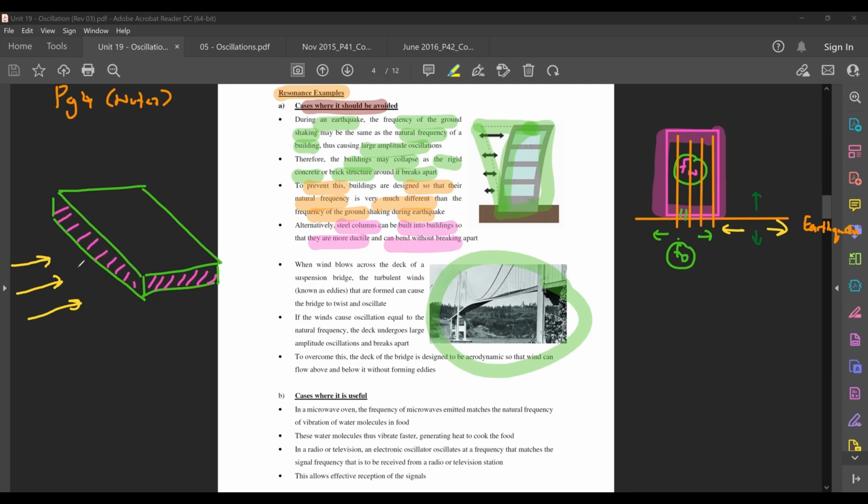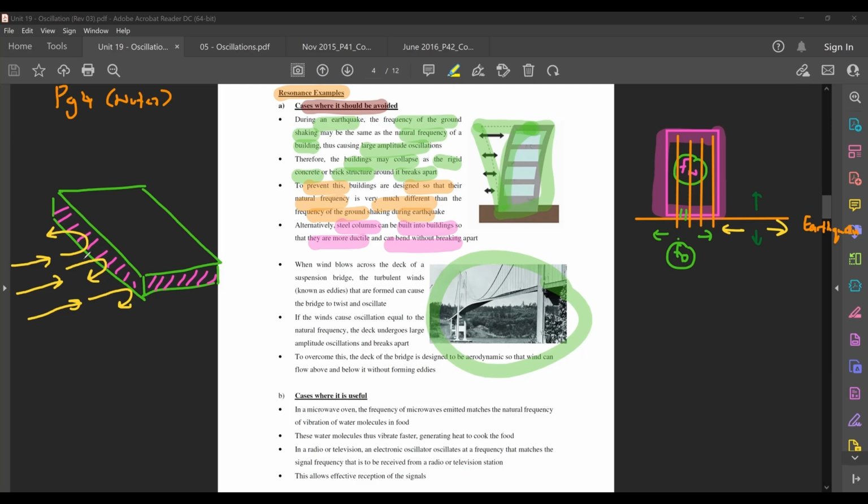the moment the wind hits the bridge, it can't really flow past it. Instead, it hits the bridge and then turns back. This motion of continuously hitting the bridge and turning back causes some sort of oscillating force, some sort of periodic force on the bridge.